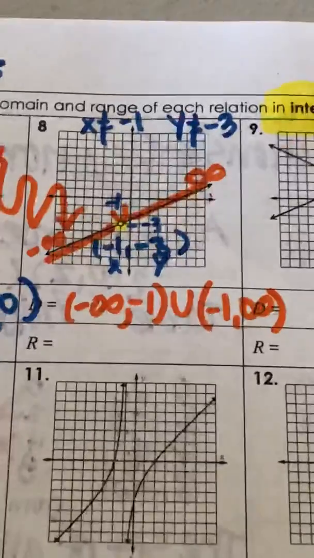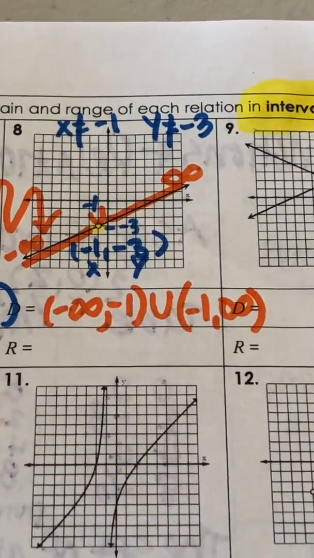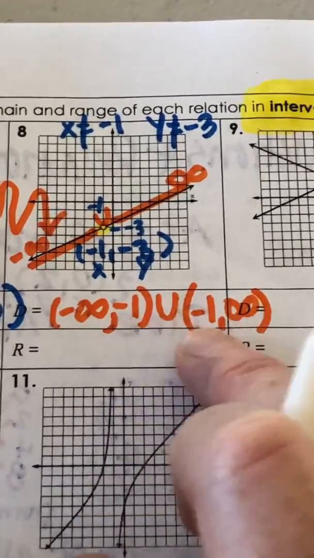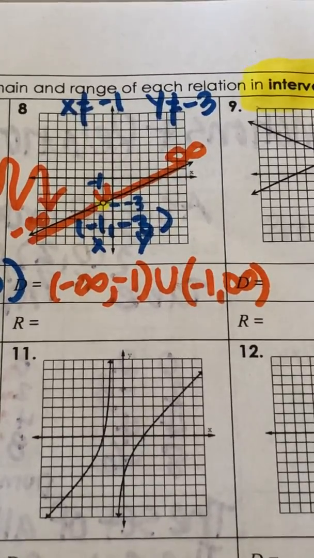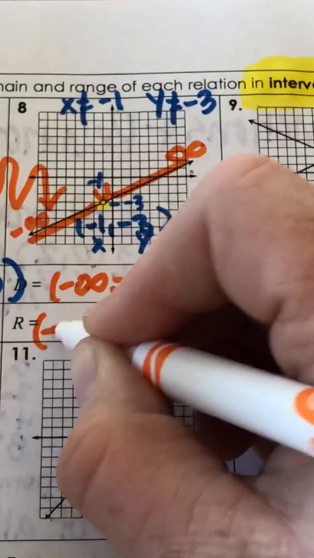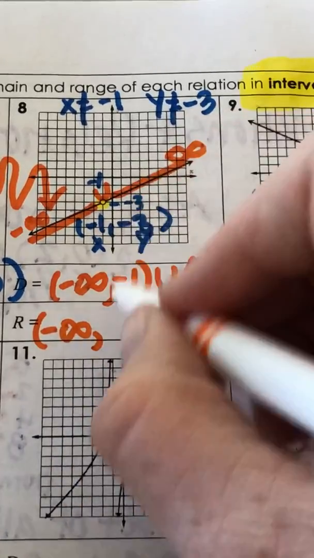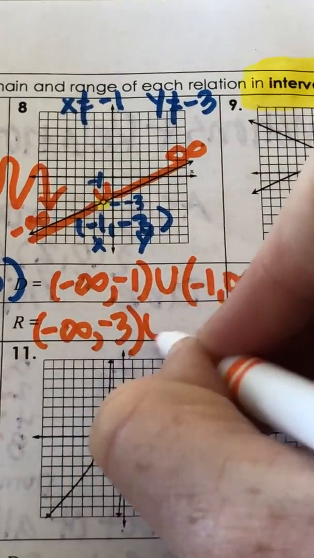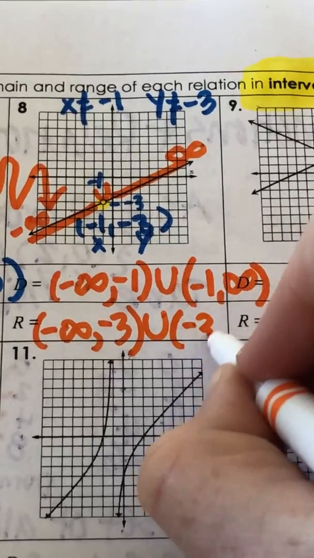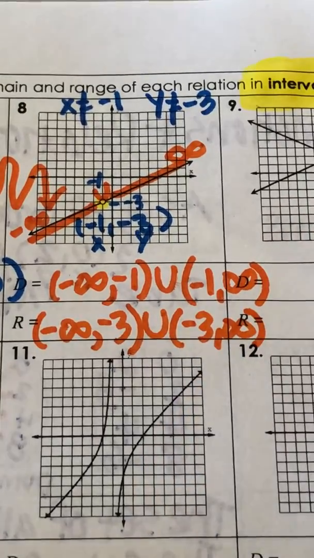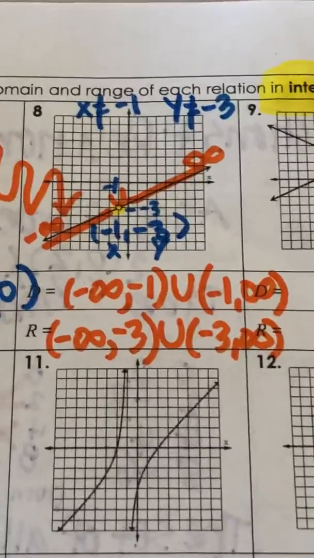So that literally means everywhere except for -1, because they're open on both sides. And the same idea with the y, so there's a value from -infinity until you hit -3, union, it picks back up at -3 and goes to infinity. Okay?